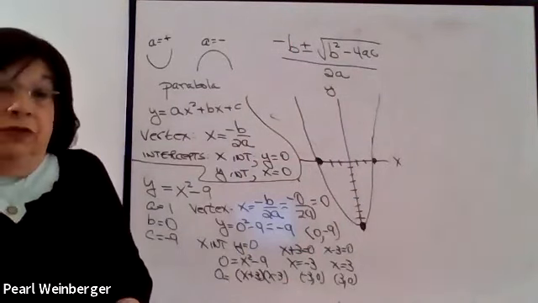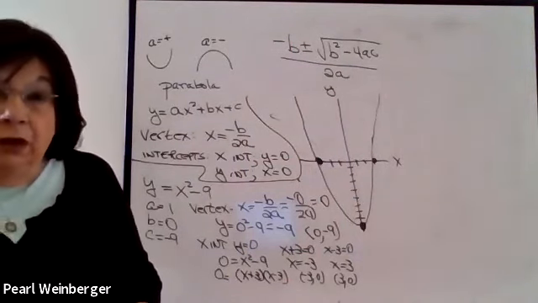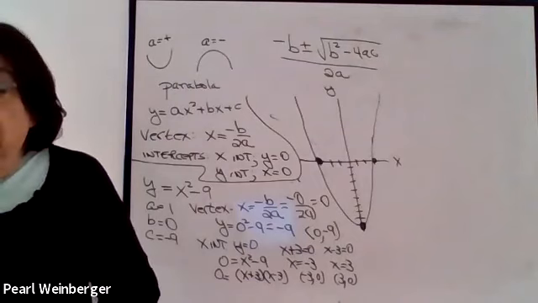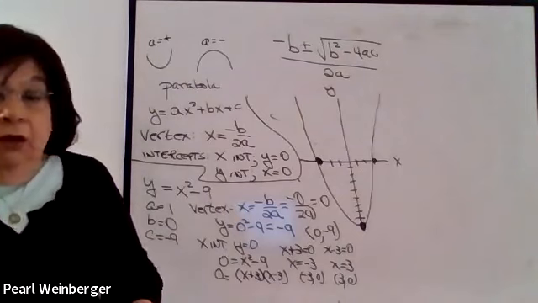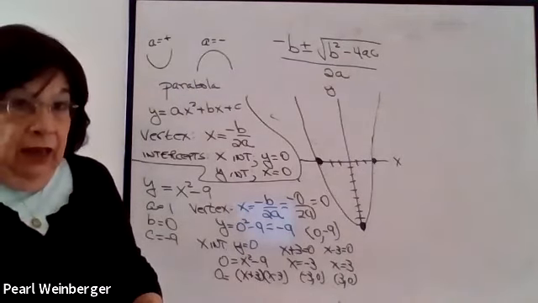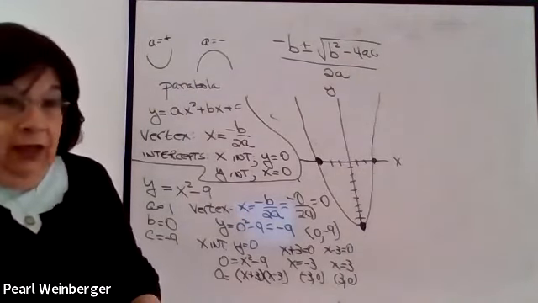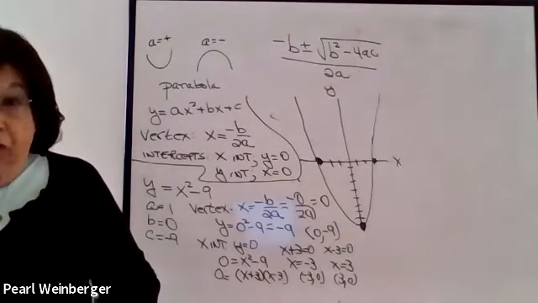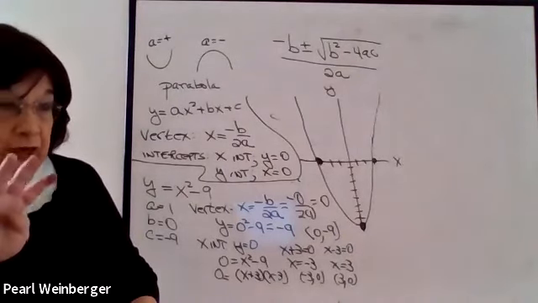Okay, so that takes care of one of the types of shapes we get when we have a quadratic equation. I told you there really are 4 different types of shapes.